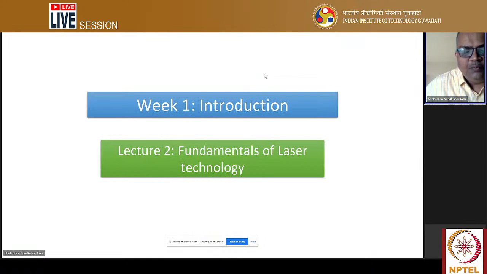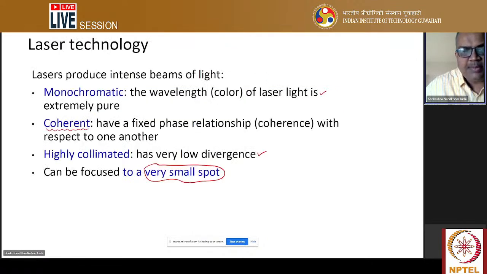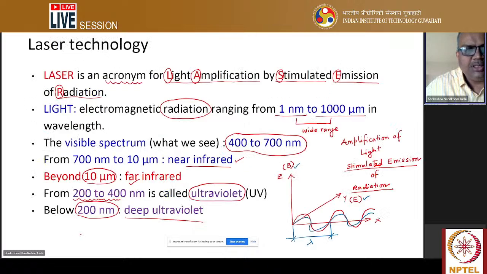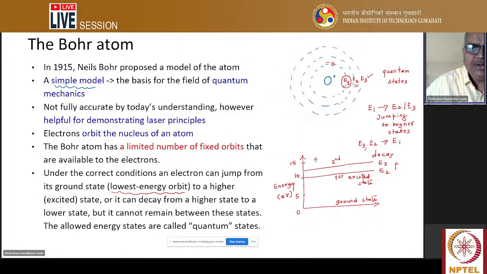Then in week one, as I mentioned, laser technology. We discussed the theory and fundamentals of the laser based upon the Bohr's atom.